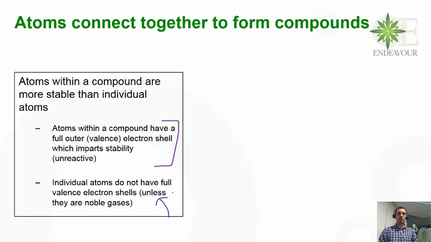So this makes them less stable. The exception to this is the noble gases, which naturally have 8 electrons in their valence shell because they're in group 8 in the periodic table. But all of the other atoms on the periodic table need to form some sort of bonding relationship to allow the full valence electron shell to be adopted.